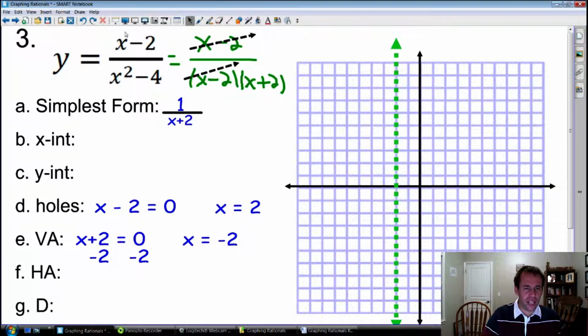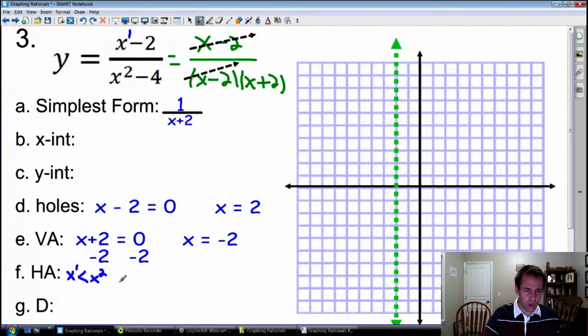So it looks like there's x to the first power is what we have there, right? X to the first power. And since x to the first power is less than x squared, this is for a horizontal asymptote now. Since the first power is less than x squared, do you remember?